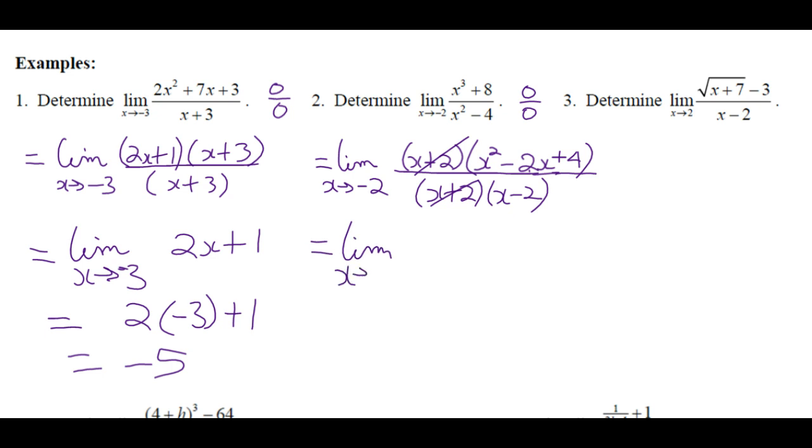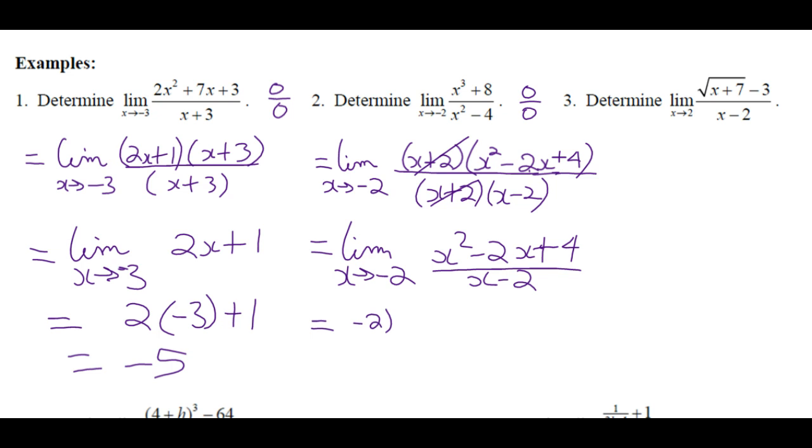So it's the limit as x approaches negative 2 of x squared minus 2x plus 4 over x minus 2. So things are okay now, right? Because that's negative 2 minus 2. It's not going to be 0, so we're good. Now we can substitute in.